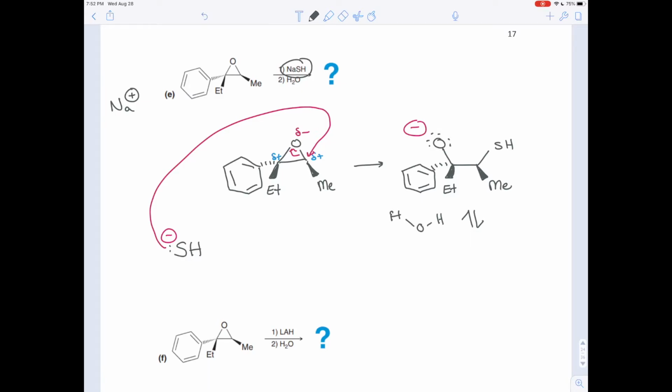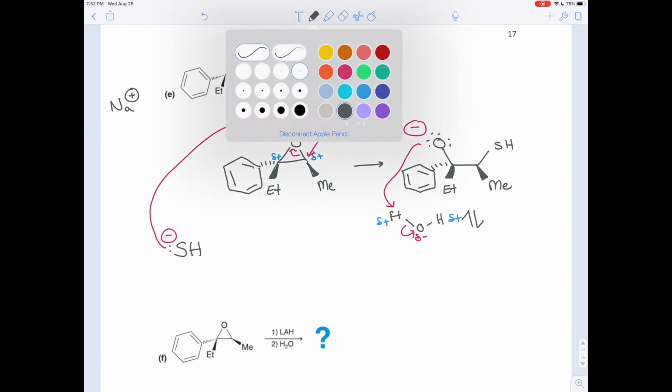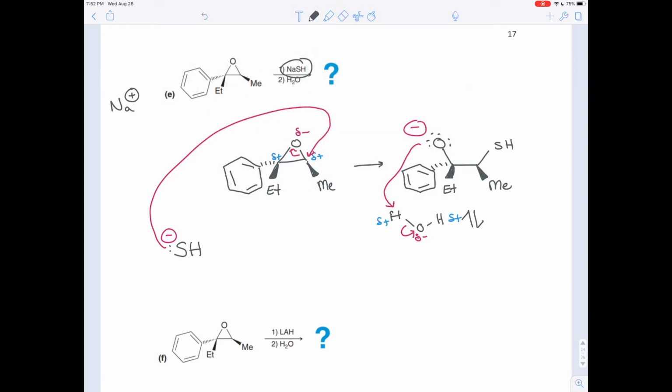So you shake it up with some water. Water is very polar, oxygen slightly negative, the 2 hydrogens slightly positive, and so this oxygen will attack the hydrogens, kicks off the electrons, which go toward the electronegative oxygen, and you have your stable product.